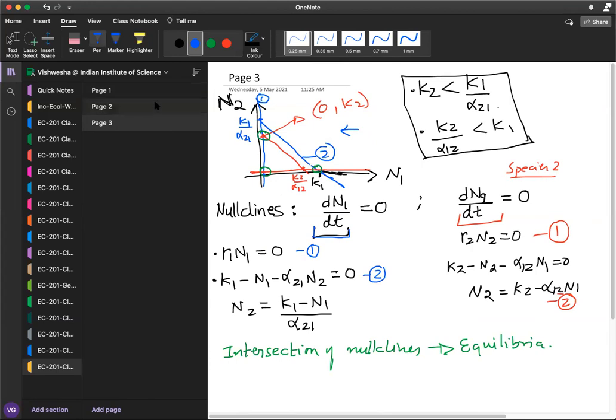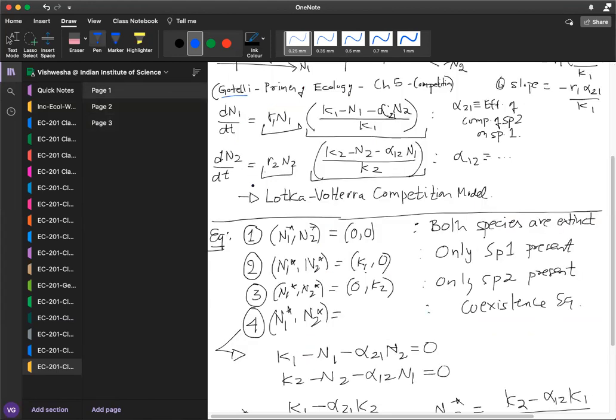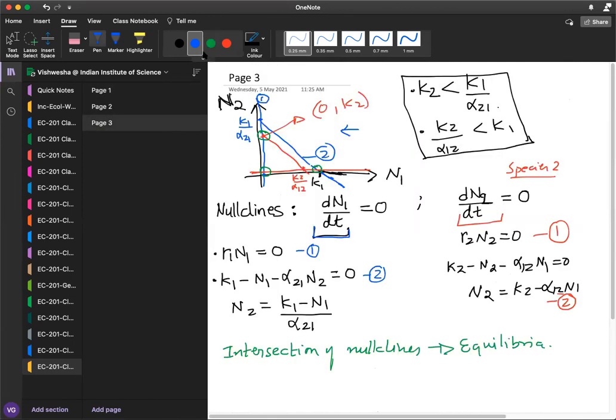We can apply the same logic for N2. If N1 and N2 are both very large, this term is negative, therefore dN2/dt is negative. So N1 has to reduce, N2 has to reduce.